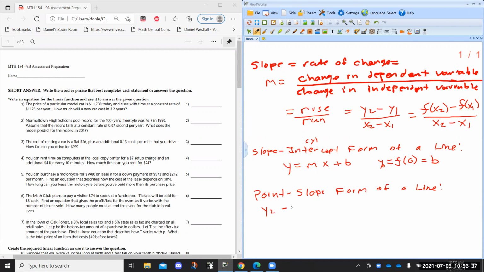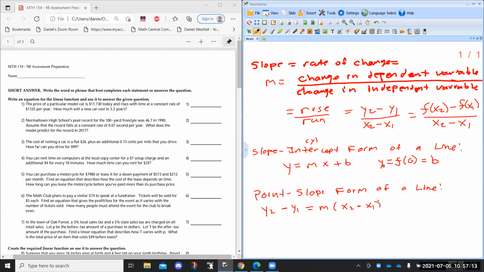This is going to be y2 minus y1 equals m times x2 minus x1. So the change in the dependent variable is equal to the slope times the change in the independent variable between those two points. So don't get too confused when you read the book throwing in words about dependent and independent variables. If it helps you to say x and y, go ahead and do that.